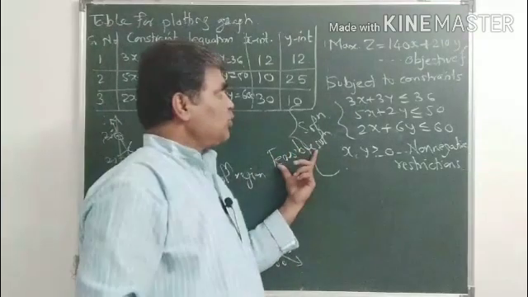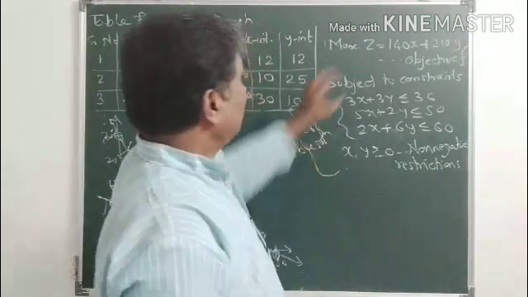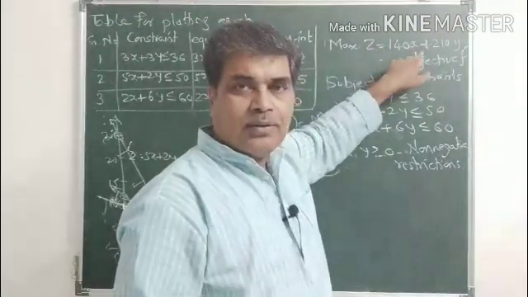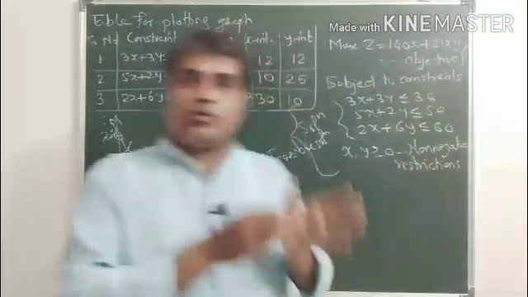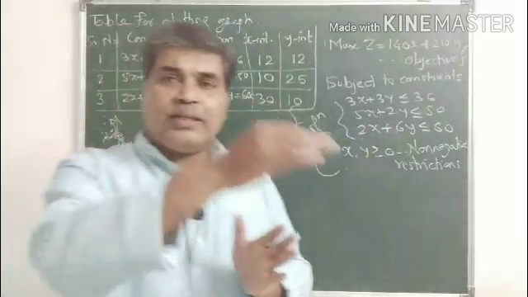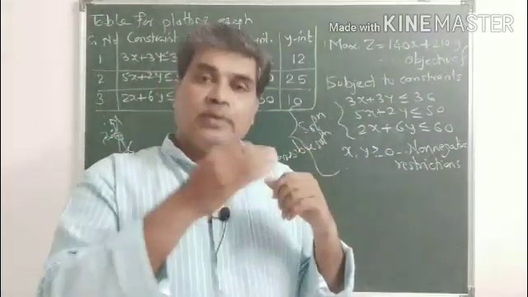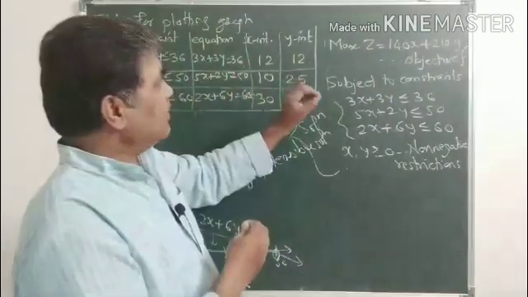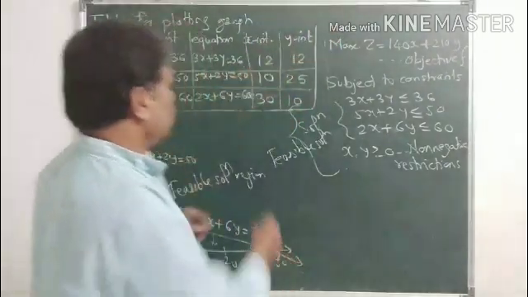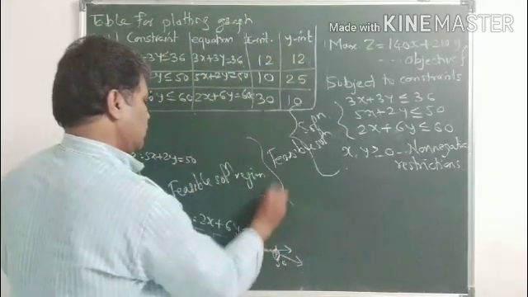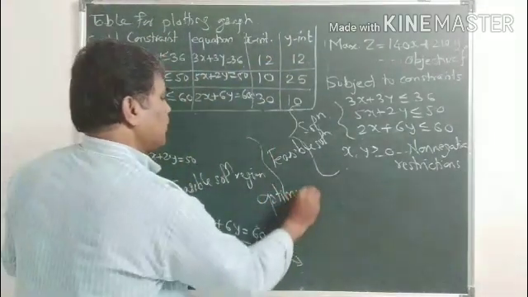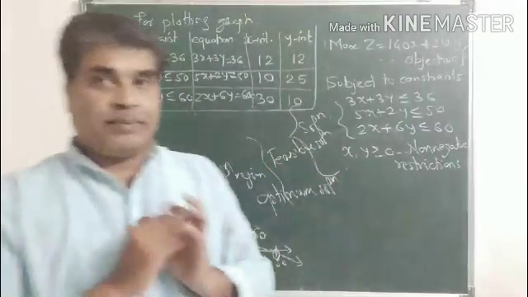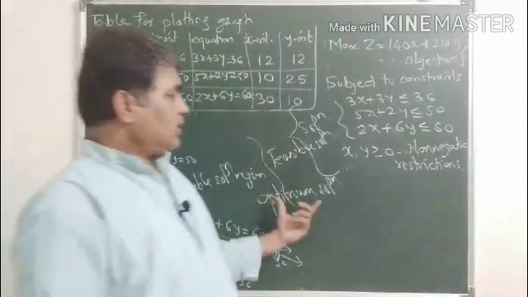And among the feasible solutions, the value of x, y which optimizes the objective function, that is, which point in that feasible solution region gives us the value of Z to be maximized (in case of a minimization problem, it gives us the minimum value), that point is called the optimum solution of the LPP. So is it clear?